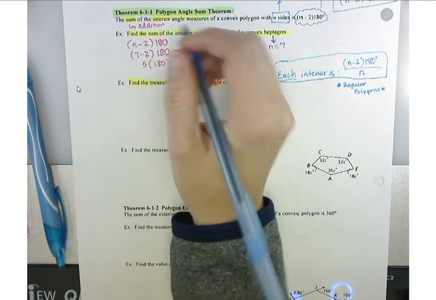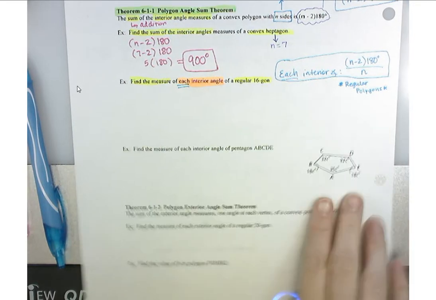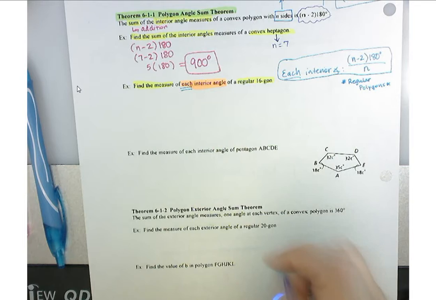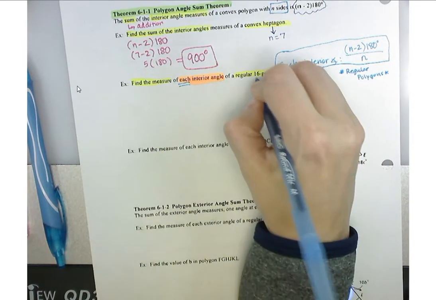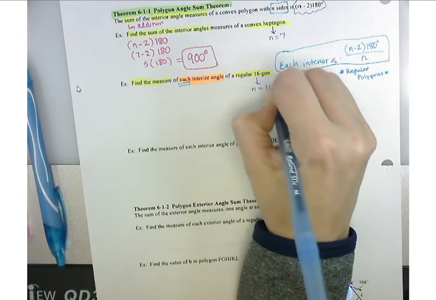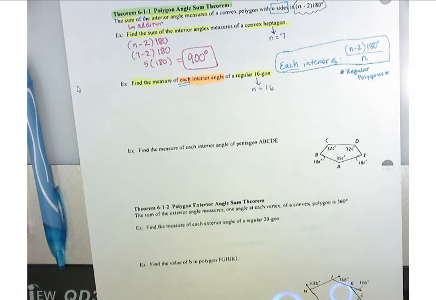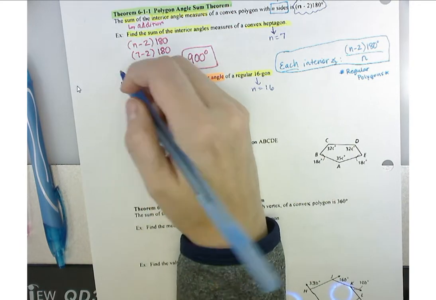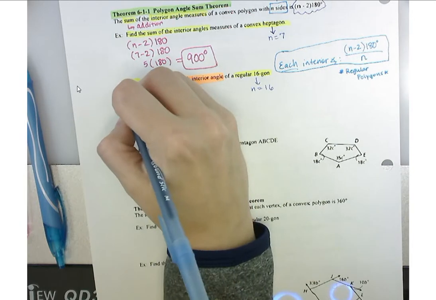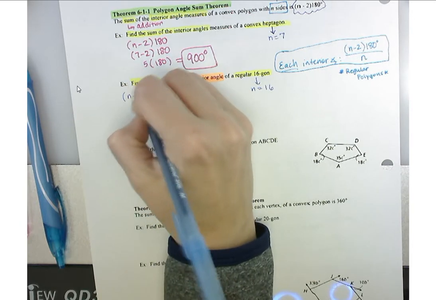Okay, so if we are going to use this equation, now we can, for a 16-gon, our n value would be 16. And really, if you want, you can do this in 2 steps. Sometimes they might ask you to find the sum first. If they asked you to find the sum first, you would do n minus 2 times 180.